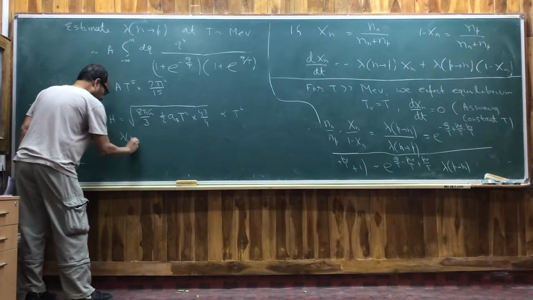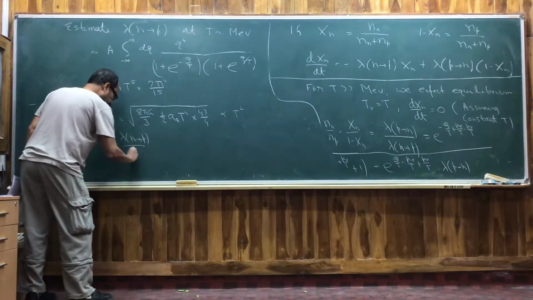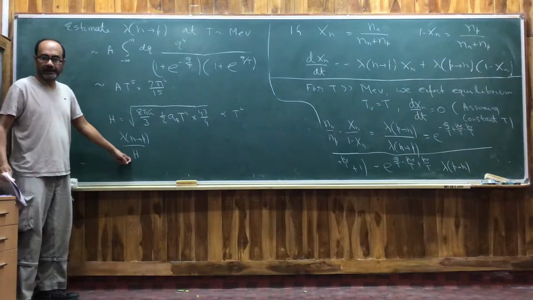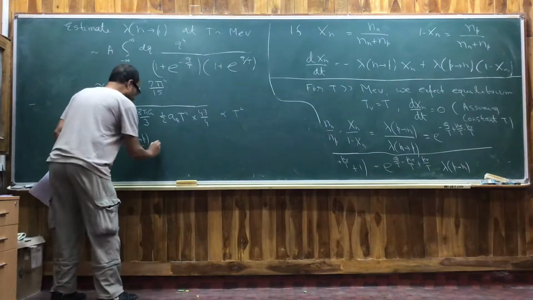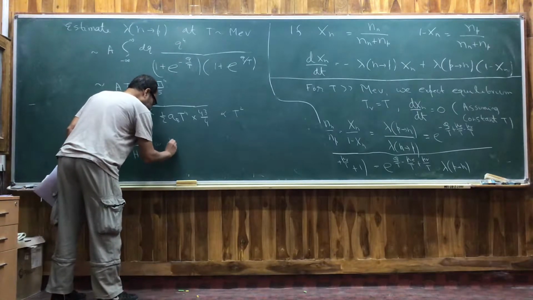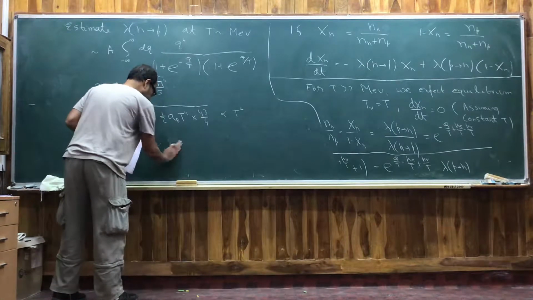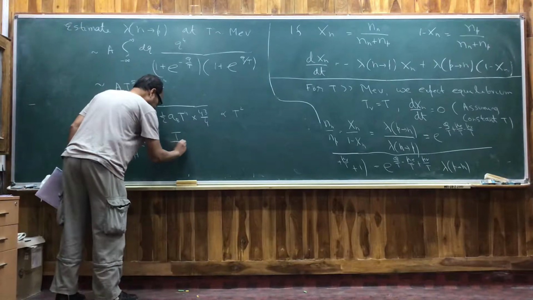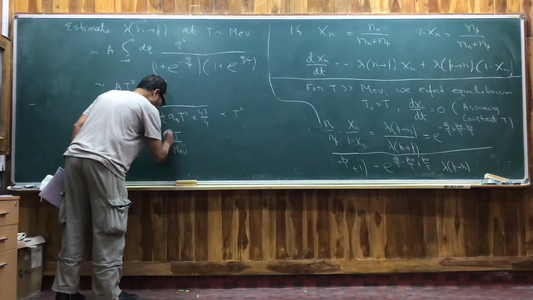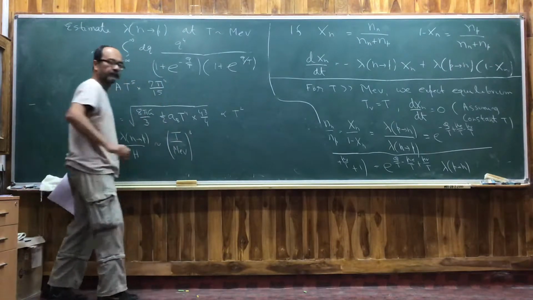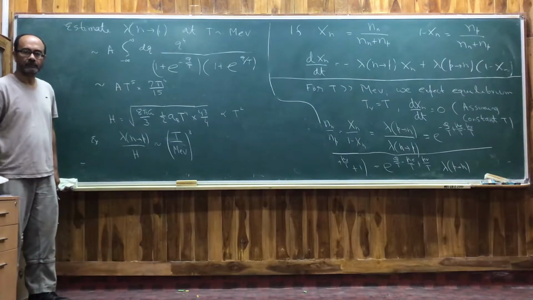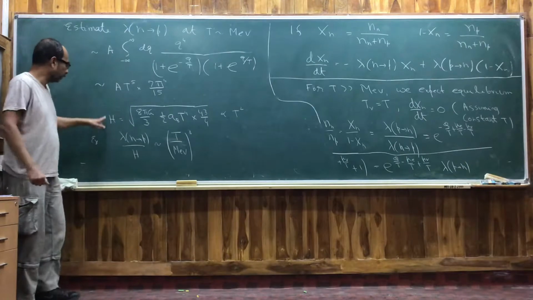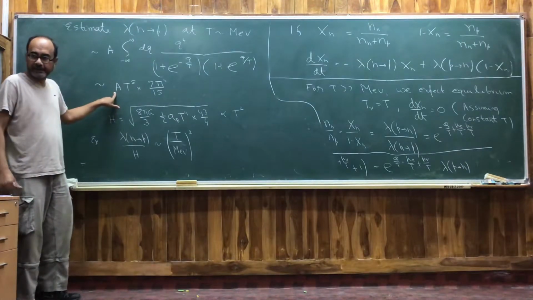I'll leave it as an exercise to check that once you put the numbers in, lambda n to p divided by H, this ratio of the reaction rate versus the expansion rate, goes basically as T over MeV cubed. You have to know the value of A, of course, which you wrote down yesterday.